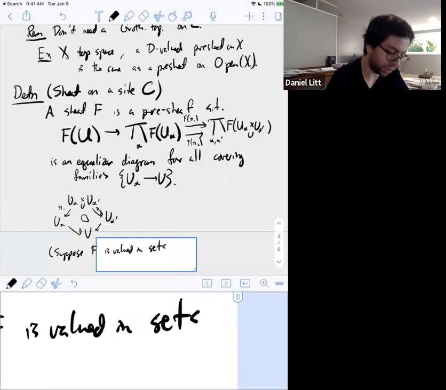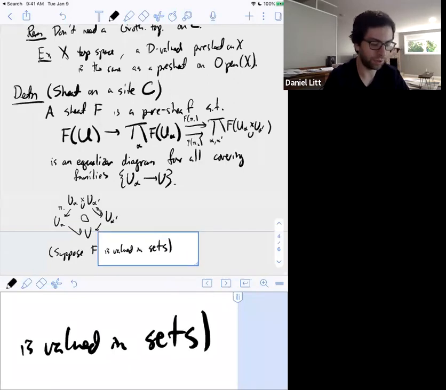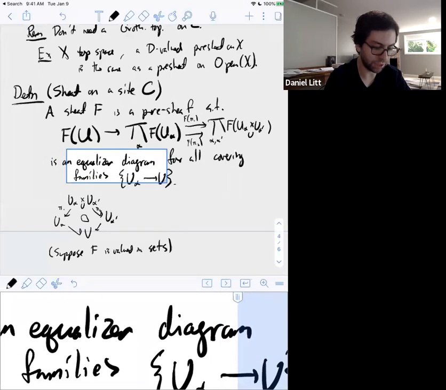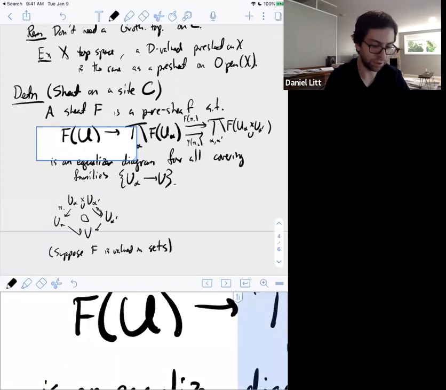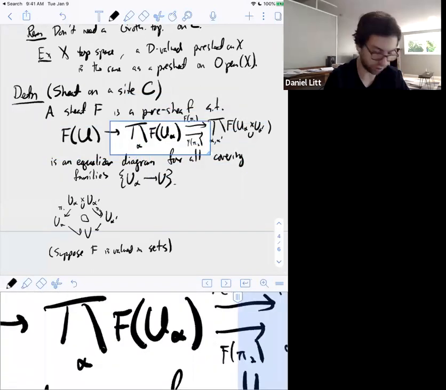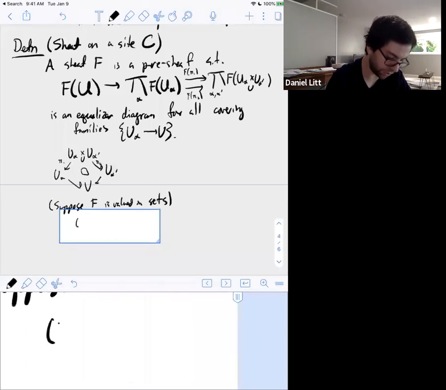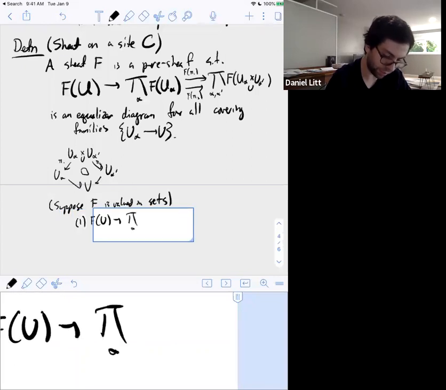Let's write down what it means to be an equalizer. By the way, if this equalizer notation is not familiar to you, it's saying that this left-hand side F of U is the limit of this diagram in the categorical sense. So what does this mean? This means, one, that F of U to the product over alpha of F of U alpha is injective.